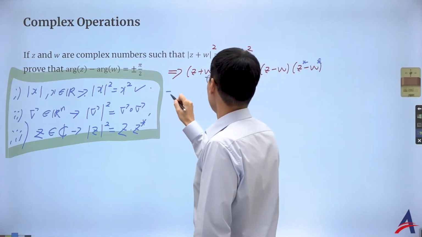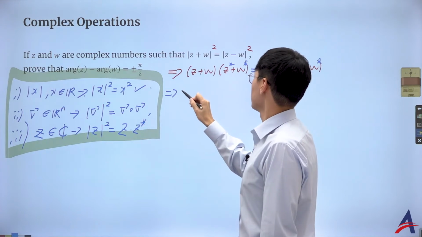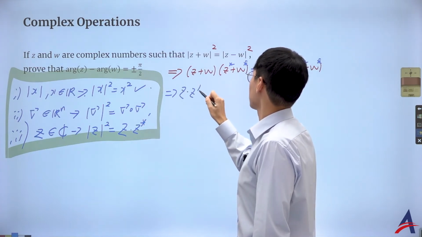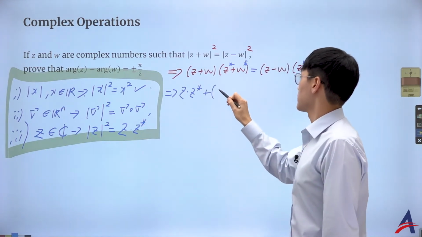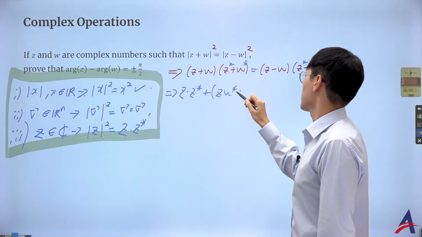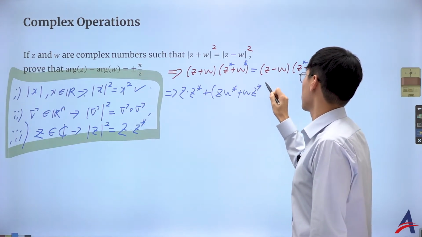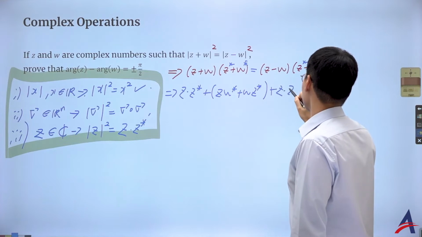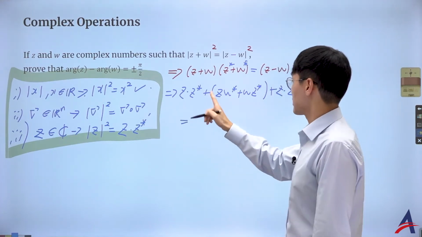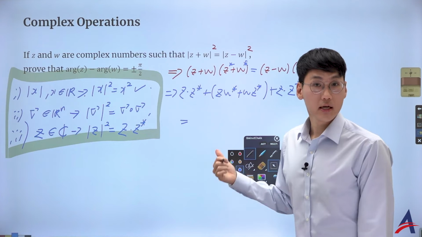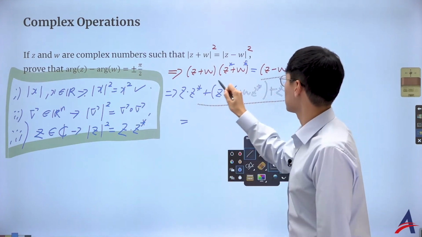If I expand here, that's going to be z times z conjugate plus z omega conjugate, plus omega z conjugate, plus omega omega conjugate, and that is the left-hand side. I want you to realize it's very similar to the right-hand side, isn't it?